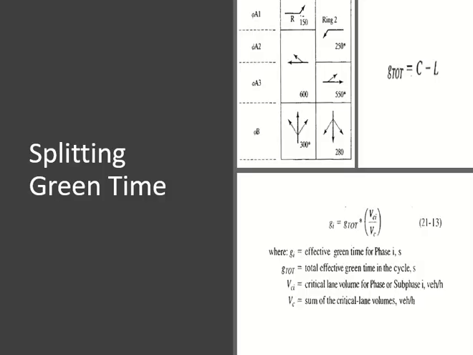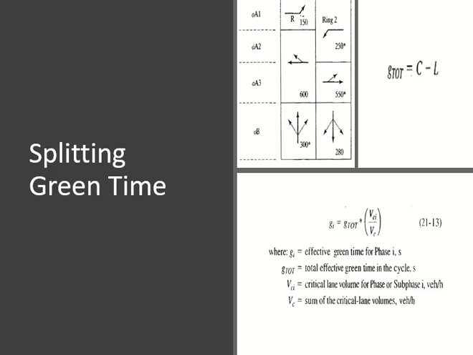Okay, this is what I was doing here, the ratio. Total green over critical volume for the phase, total critical volume. Okay, this is what I was doing. If you go back to the previous lecture, you will see how to convert this green into the green light time, capital G. This is called effective green.